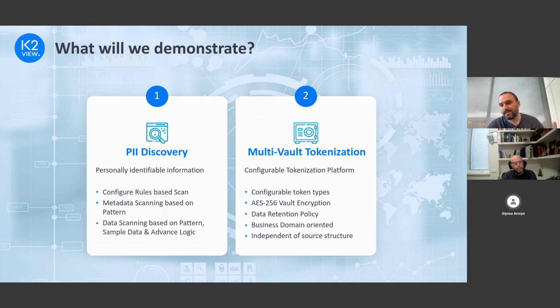It helps you scan your system, say a 40-year-old mainframe system that you might not even have the knowledge to maintain anymore, and the people that used to work on it have retired or moved on to other positions, to find that there is a social security number in a column called ABCD in a table called XYZ that you never even knew about. So it helps you scan the system to find where you might have data that you want to tokenize for security purposes. And then once you scan the system, we'll talk about how we tokenize it using our multi-vault tokenization solution and what benefit the multi-vault tokenization solution offers.